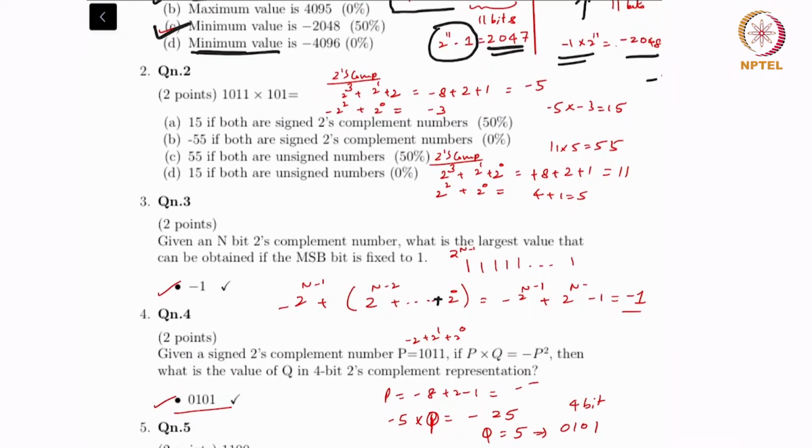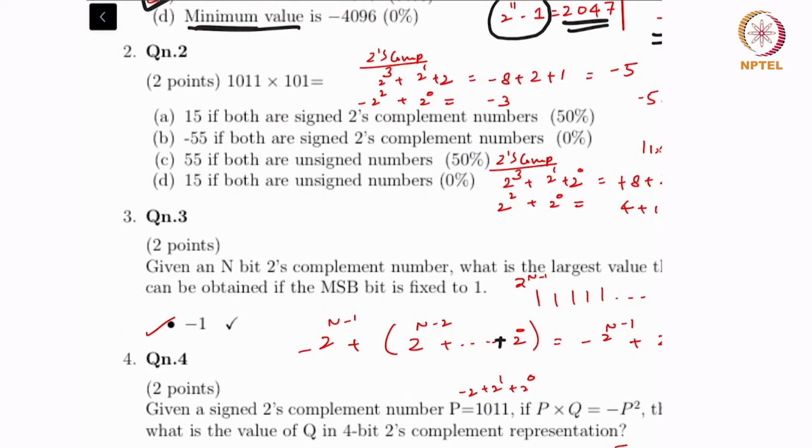Okay. Question 2. 1011 into 101. Okay, so in the options you can see that there are two kinds of answers. One is in signed 2's complement notation and another is for unsigned numbers, right?